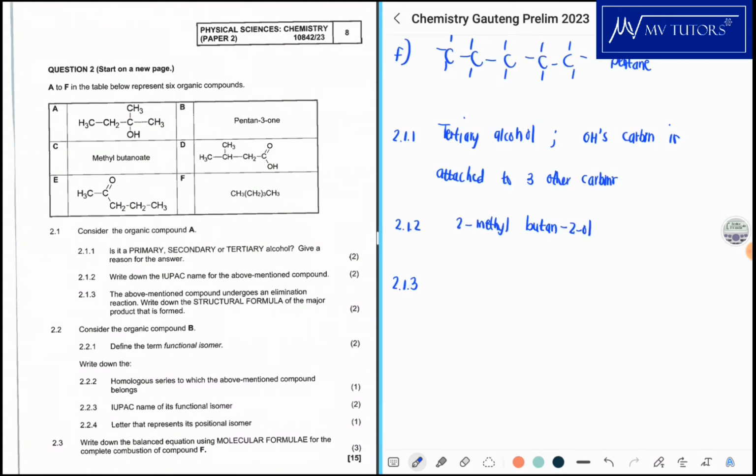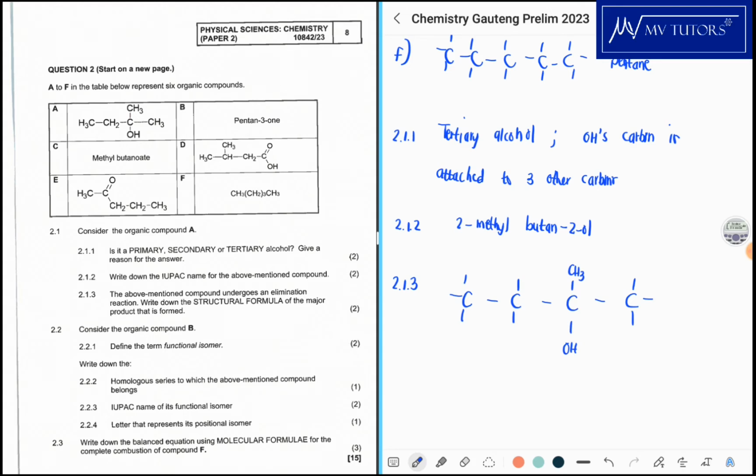2.1.3. The above mentioned compound undergoes an elimination reaction. Write down the structural formula of the major product that is formed. Okay, so basically, if we just redraw the structural formula, if this undergoes elimination, we're basically going to form a double bond.